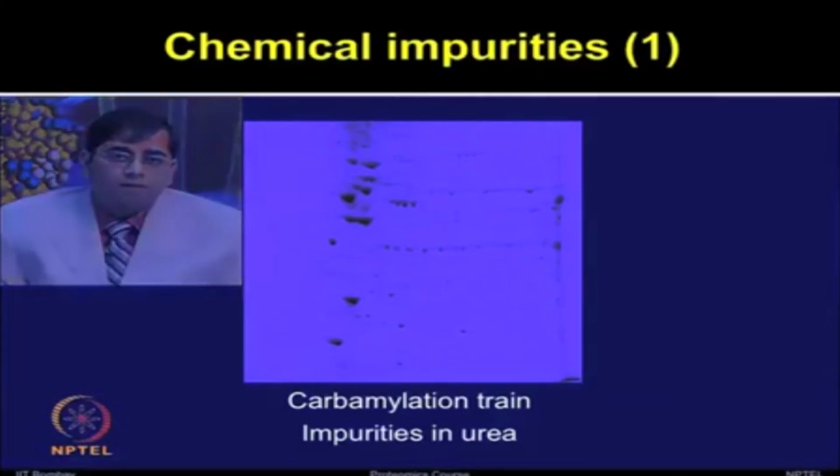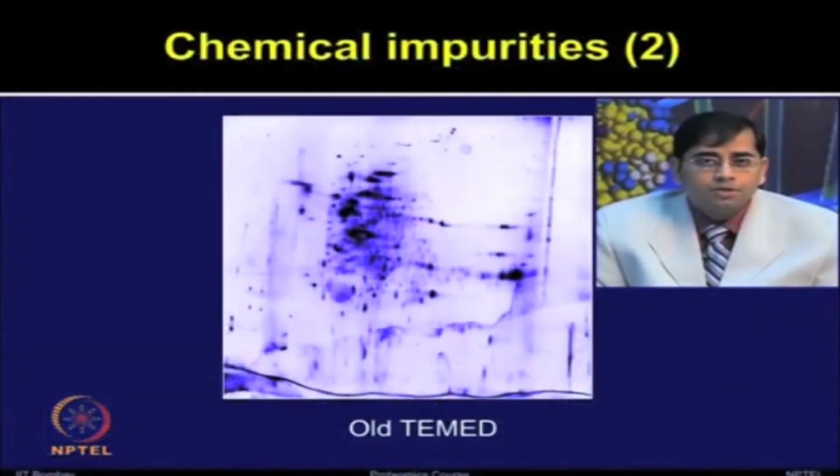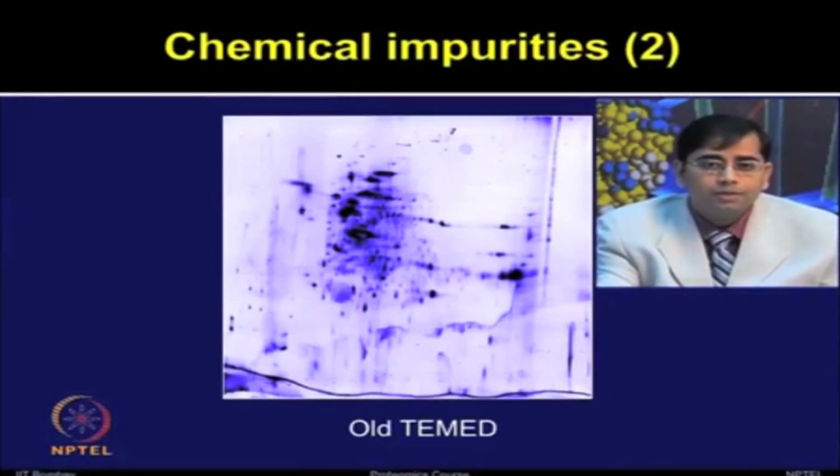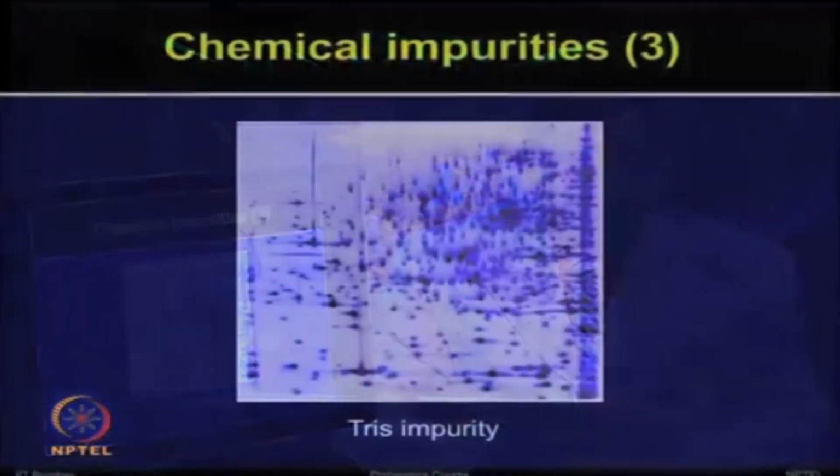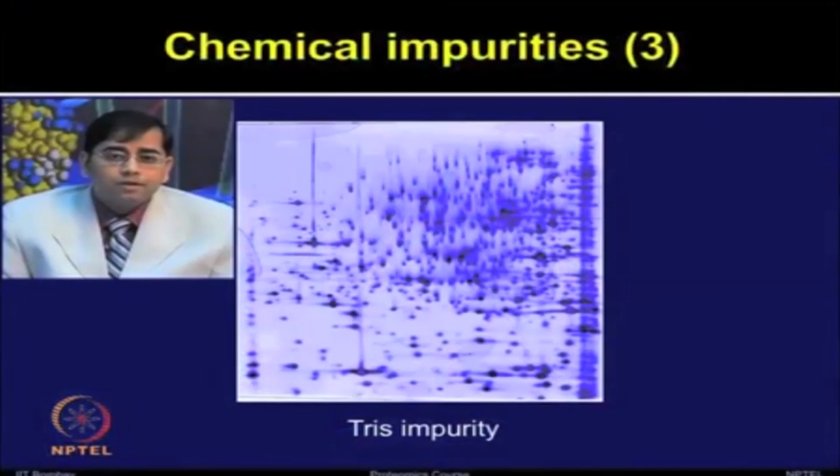If the TEMED is very old, often a very small amount of TEMED is used in making the second dimension SDS-PAGE gel. So, people often use that bottle for a very long time, and if TEMED is very old, you can see some bad pattern on the gel, similar to what is shown in this image. Now, if your chemical such as Tris is not of very good quality, it is impure, again that will show some artifacts in the gel.